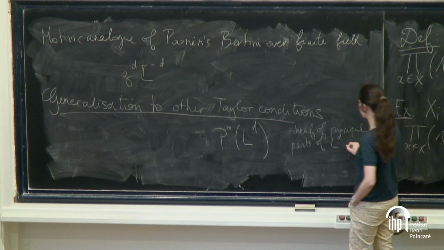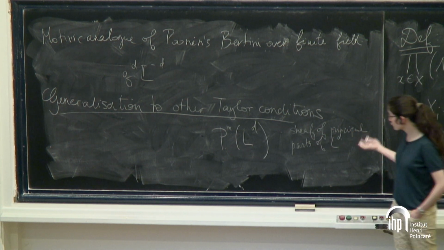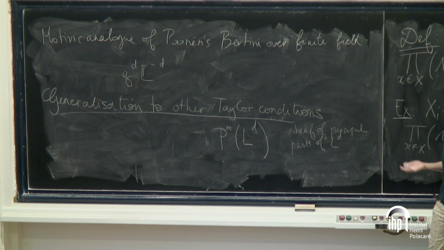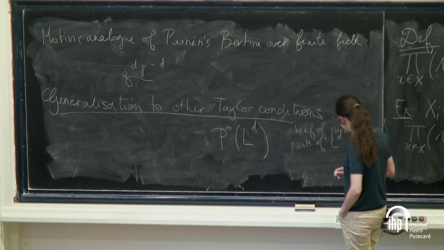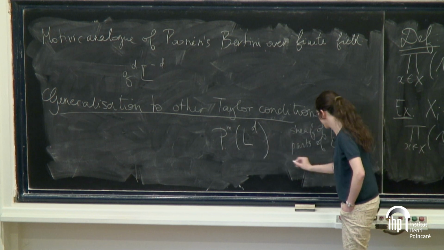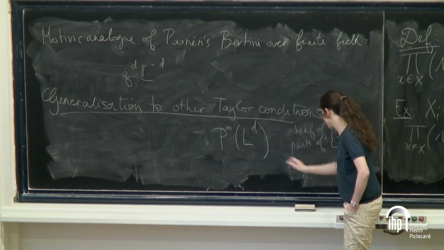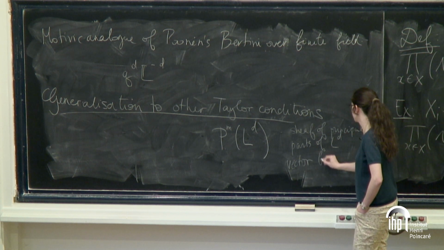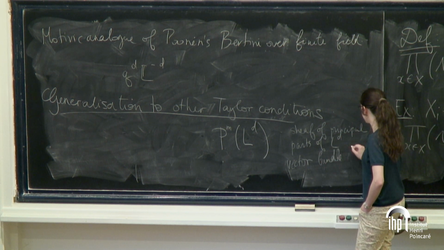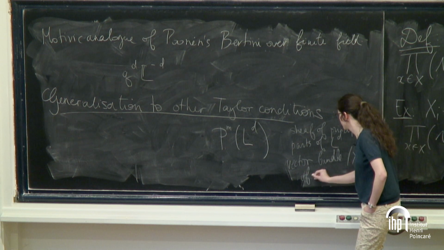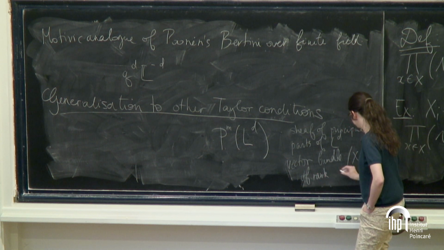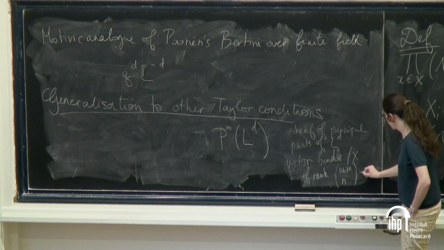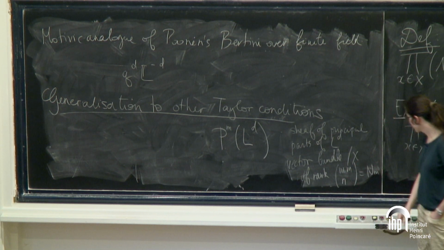of the line bundle L to the D, which corresponds to the degree m Taylor expansions of the sections of the line bundle. This principal part sheaf is a vector bundle over X of rank n plus m choose n, which I denote by n index m.